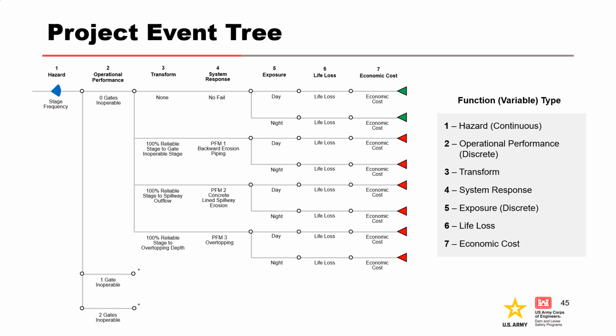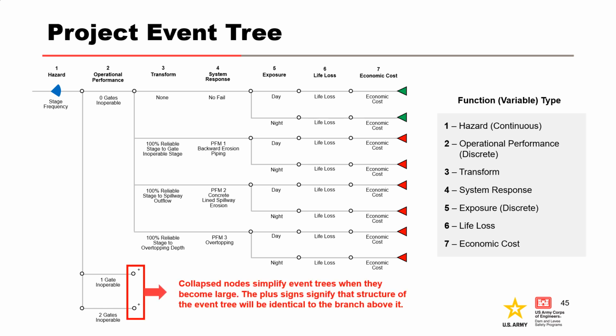Please note that event trees can sometimes become very large. While the risk calculations for the entire event tree need to be completed to arrive at the final risk estimate, the portrayal of the event tree can be condensed using collapsed nodes, which are indicated in the tree by plus signs. When a plus sign appears in the tree, it signifies that the structure of the event tree will be identical to the branch above it.